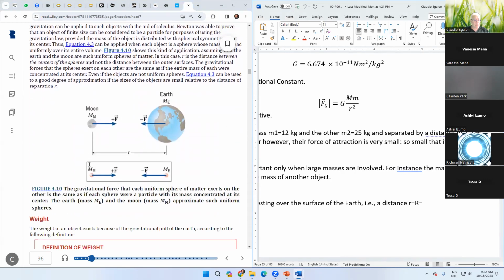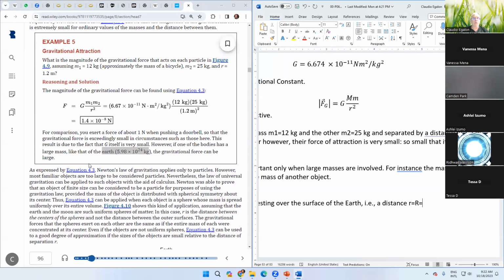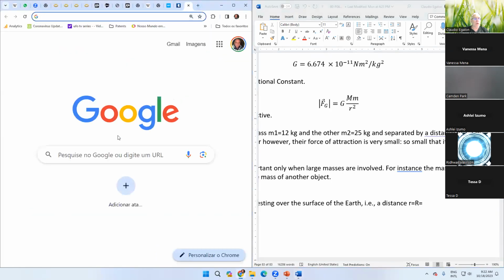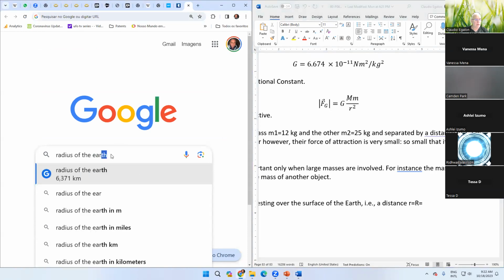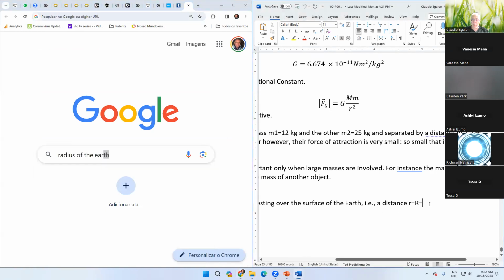Let's see what the radius of the Earth is. I never memorized that, and I don't require you to memorize it. The radius of the Earth is 6,371 kilometers, in meters.